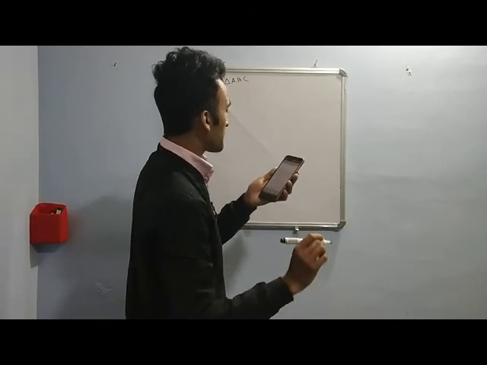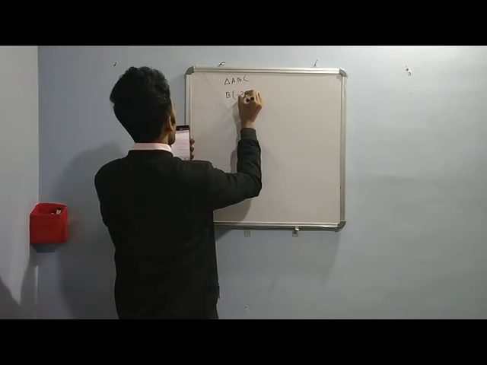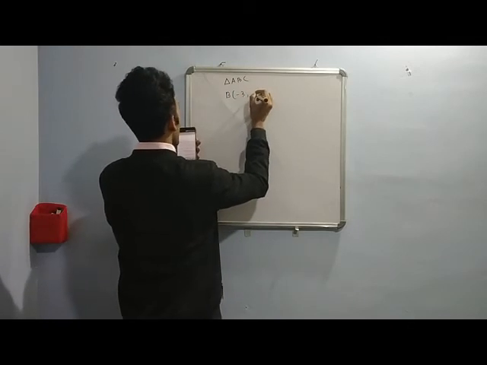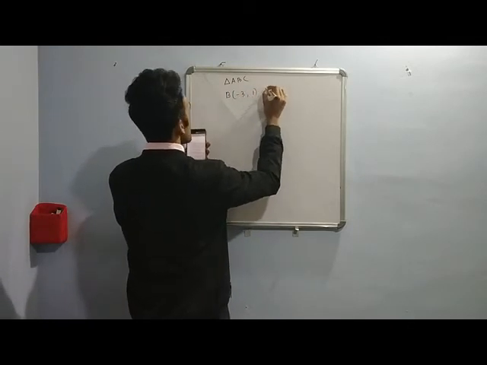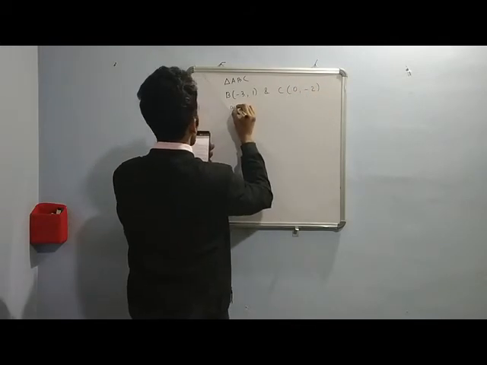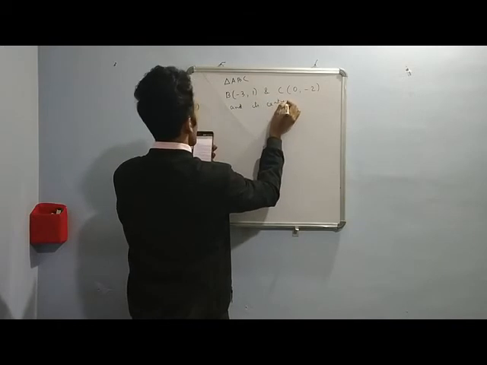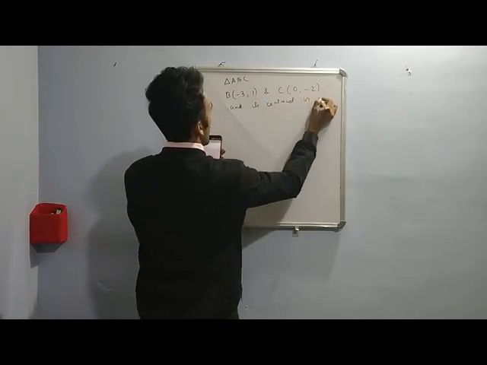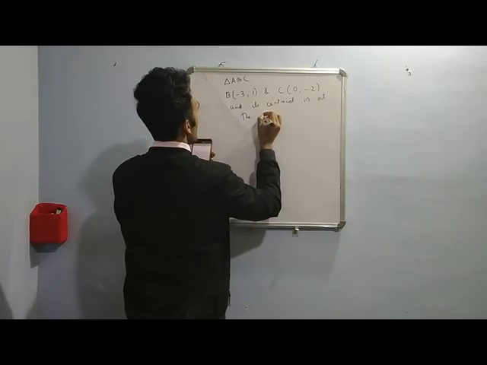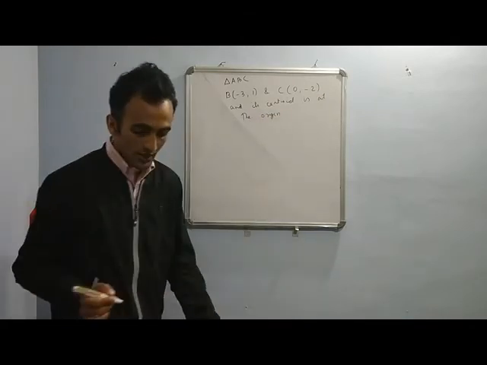If two of its vertices, B coordinates are minus 3 comma 1, and C coordinates are 0 comma minus 2, and its centroid is at the origin.